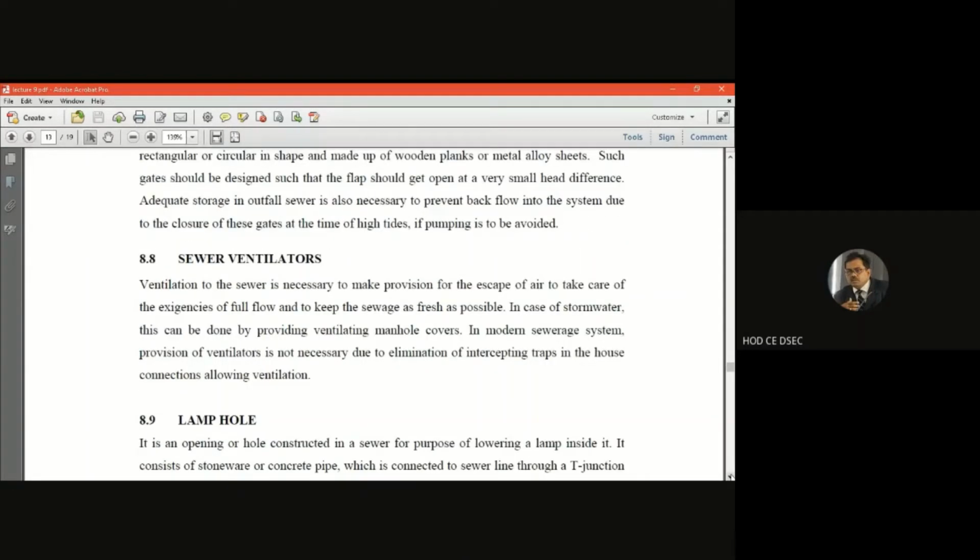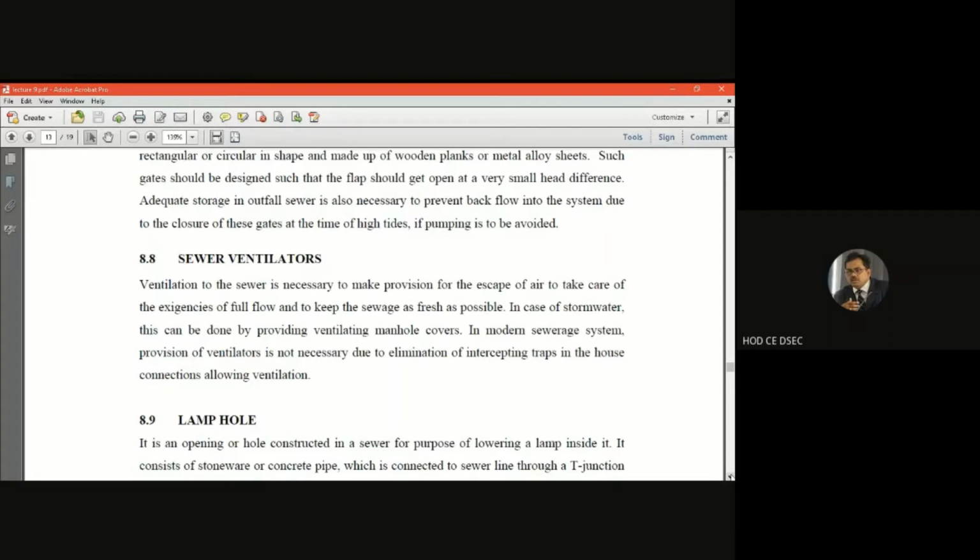Now, sewer ventilators, very important. We'll discuss them in detail in the operation and maintenance part of the sewers, without which it is very difficult to operate and maintain the sewers. Ventilation to the sewer is necessary because in the sewer there is methane gas, CH4, an explosive gas, a very poisonous gas, H2S hydrogen sulfide, and carbon dioxide gas.